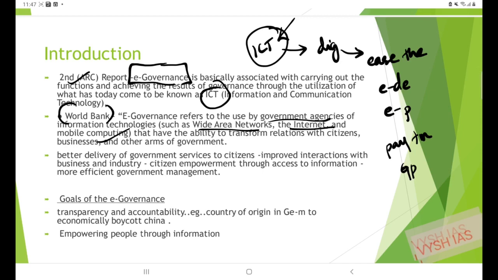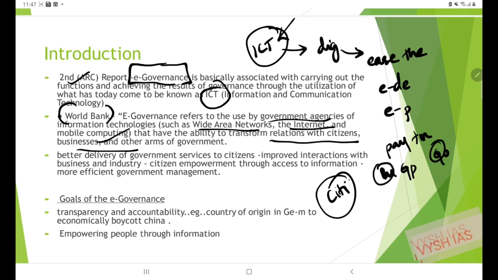Such technologies are used for the transformation of relations between citizens, businesses and other arms of government. So to increase communication between all three, citizens, businesses and government, we take the aid of information and communication technologies. That is the World Bank definition.